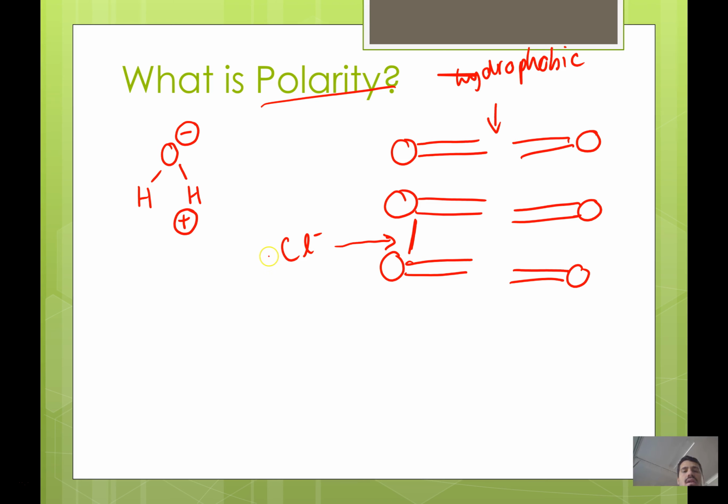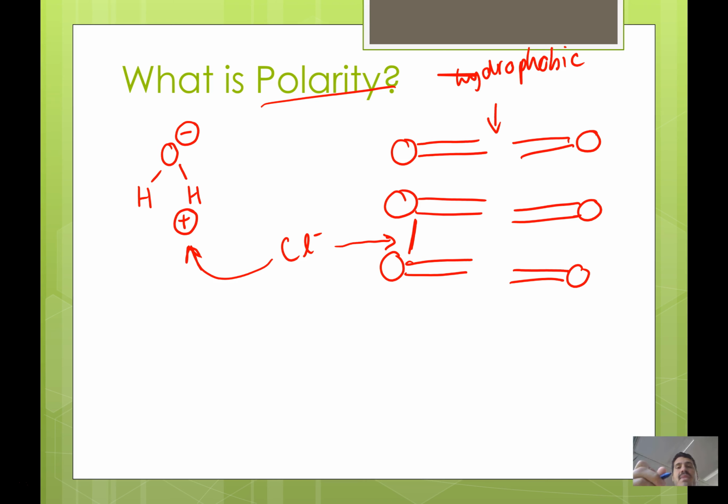But an ion, if it were to meet a water molecule, it really likes that water molecule, and that's the reason why salt, NaCl, dissolves in water, because ions really like water molecules, right? And that's the same with any polar molecule.